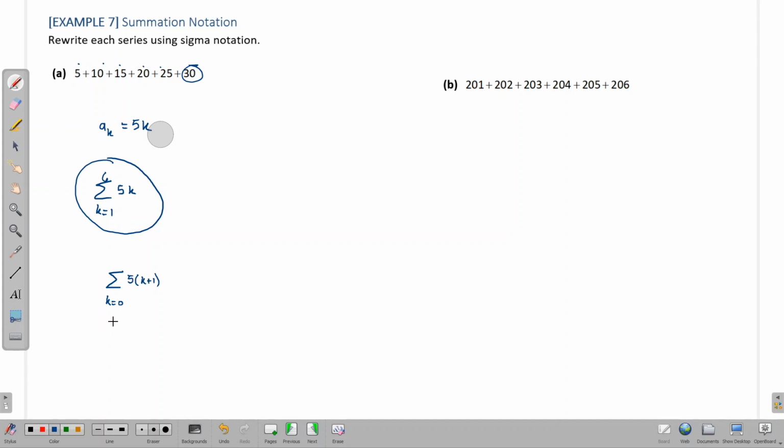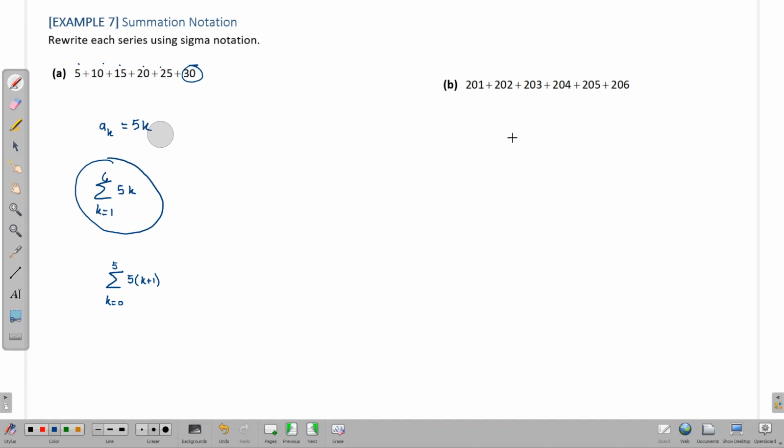We're still going to get this. But since I've modified the lower bound, I have to modify the upper bound. I can't put 6 here because I would be really doing 5 times 7 on the last term. So that means the upper limit would actually stop at 5, because then it would be 5 times 6, which is what we want for this. So both of these are actually valid answers. And we could come up with infinitely many more that would also be equally valid. So we're just looking for at least one that works.